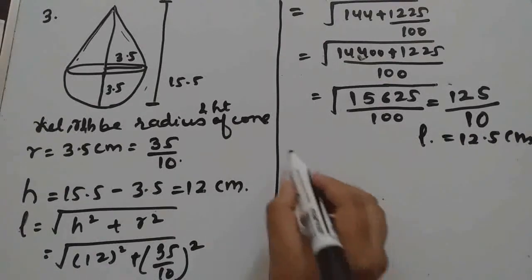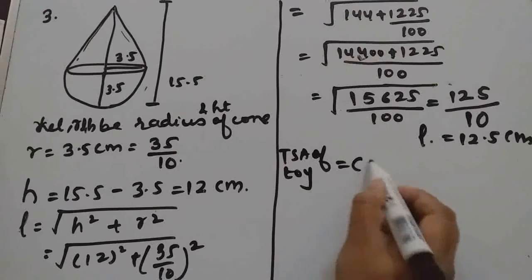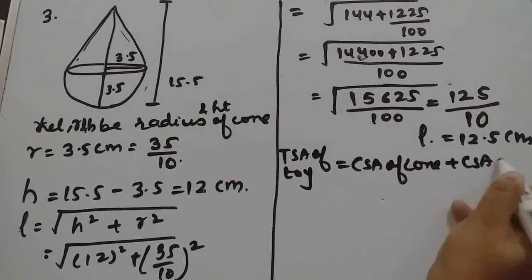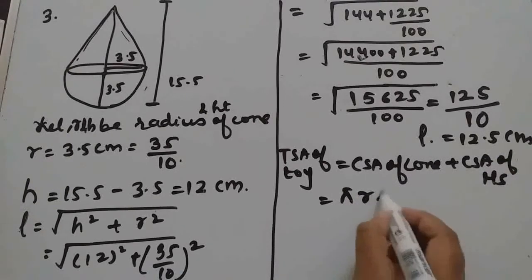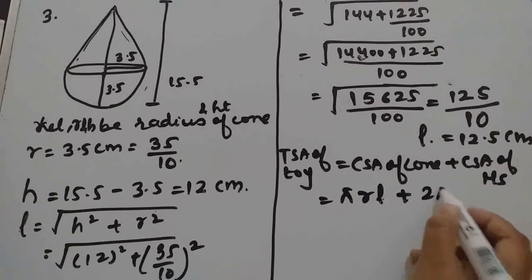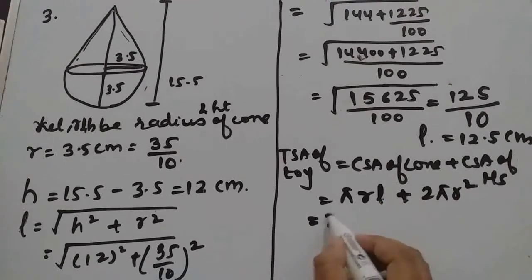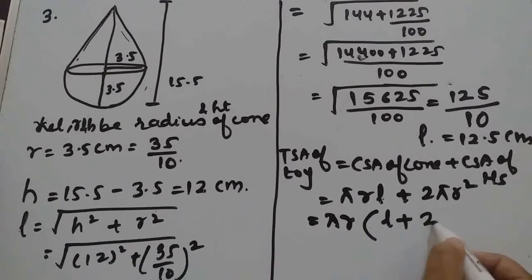Okay. Now the TSA of the toy. TSA of the toy is CSA of cone plus CSA of hemisphere. So this is pi r L plus 2 pi r square. What can we do? Pi r we can take common, so pi r times L plus 2r.